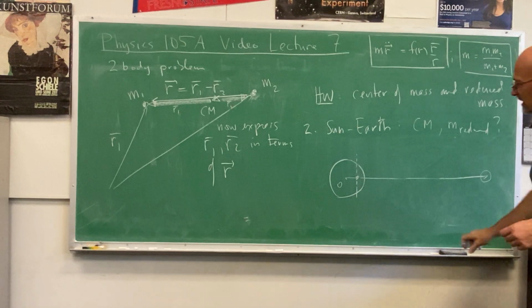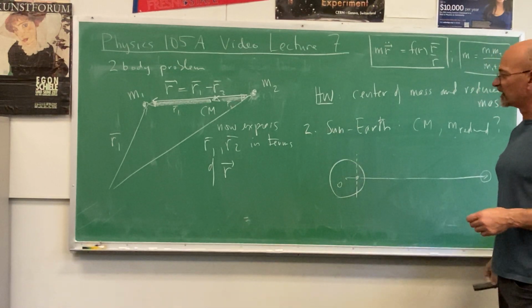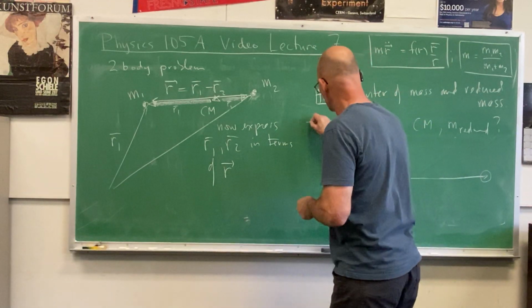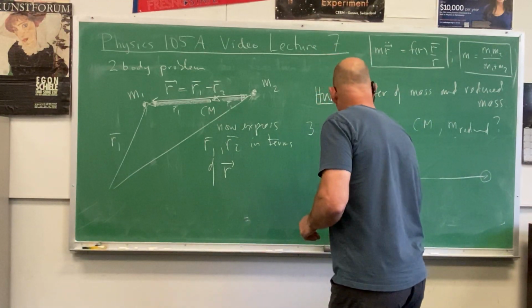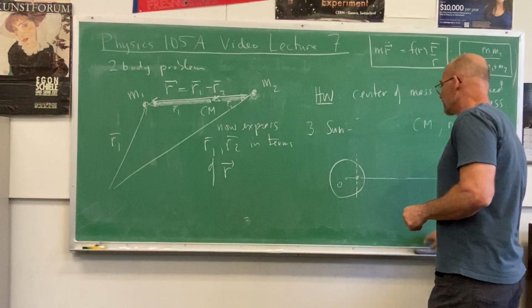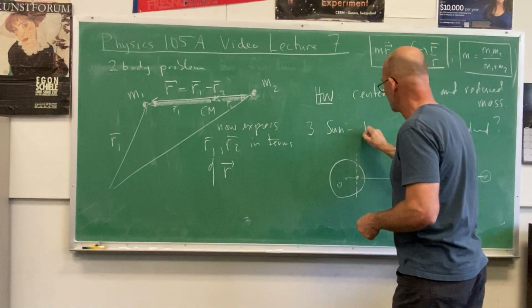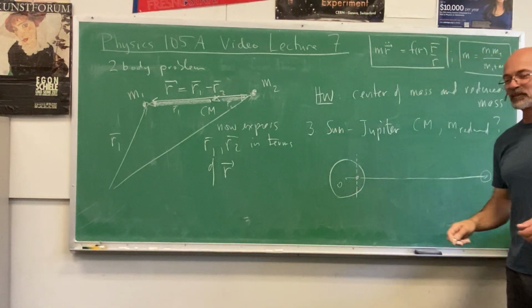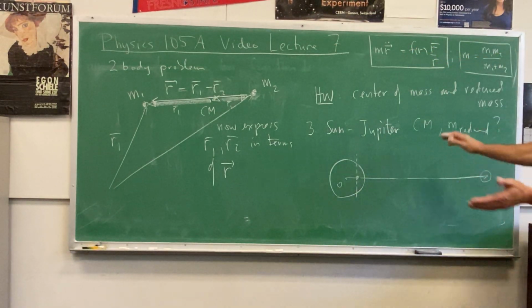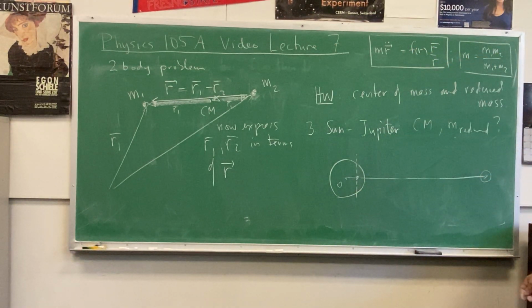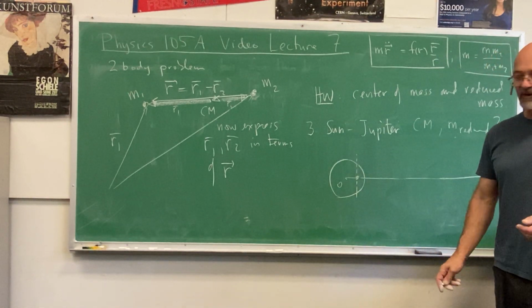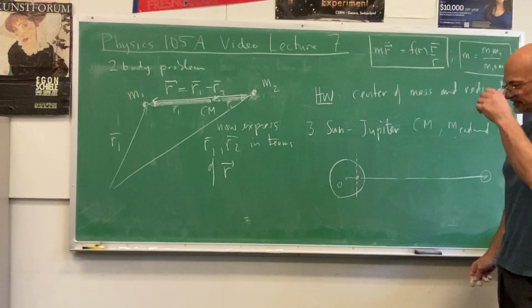And finally, we'll do the Sun and Jupiter. So your third problem, we'll do the Sun and Jupiter. And you can leave some space in your notes because those will be interesting little factoids of where those centers of mass are with regards to each of those systems.